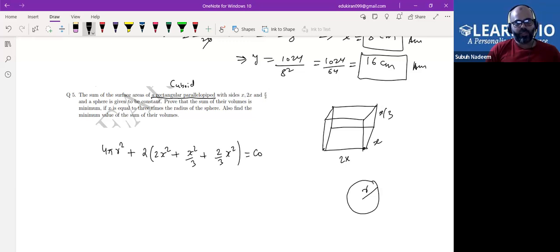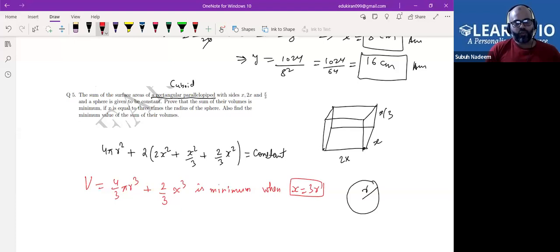And this sum is constant. Prove that the sum of their volumes is minimum. So what you have to show is that the sum of their volumes, that is 4 by 3 pi r cube plus L into B into H, which will give you 2 by 3 x cube, is minimum when x is equal to 3 times the radius of the sphere.